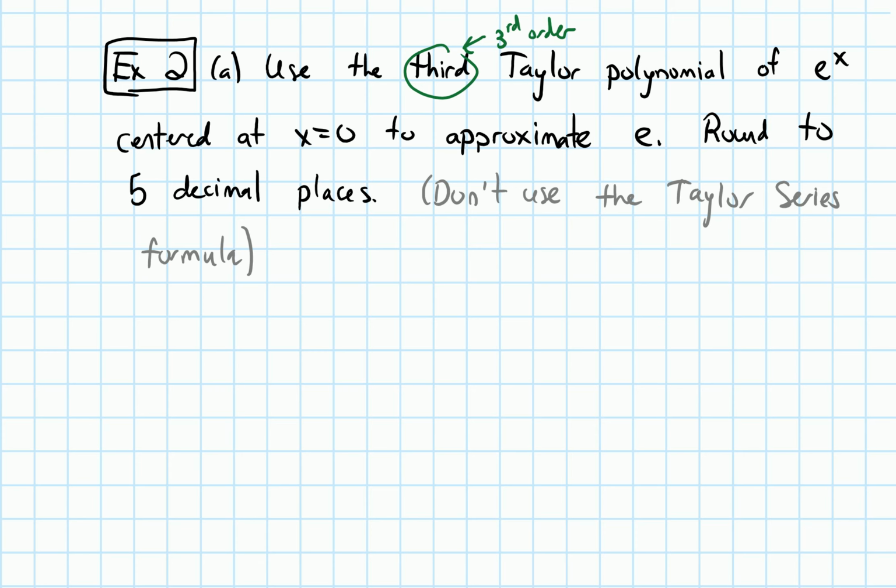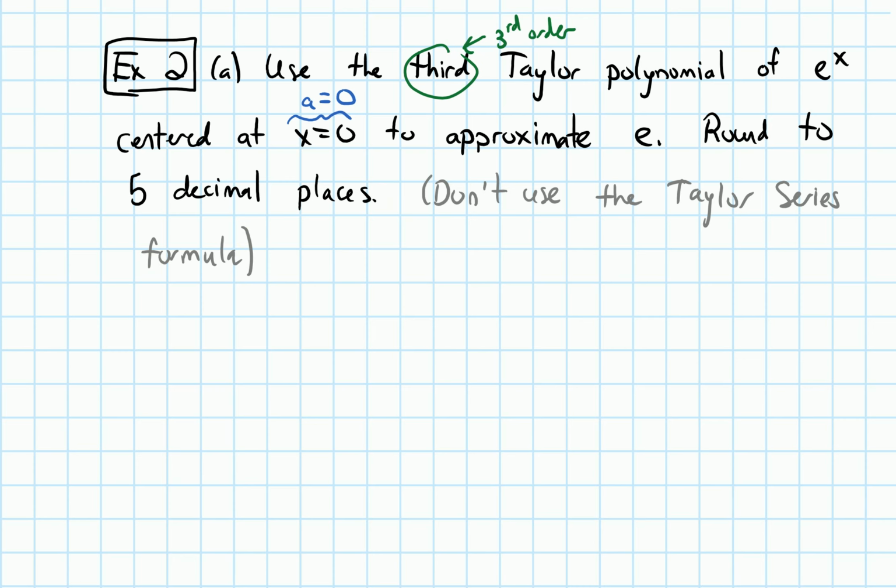So in terms of the Taylor series formula, when it says it's centered at x equals 0, that means that the a value, a represents the center, is 0. Okay, and then I want to round to 5 decimal places. And let's do this for good practice without using the Taylor series formula. In other words, let's go through the steps of how we find the Taylor series formula.